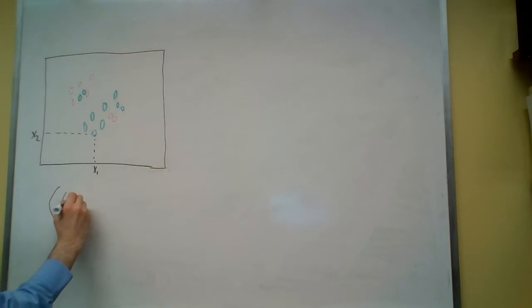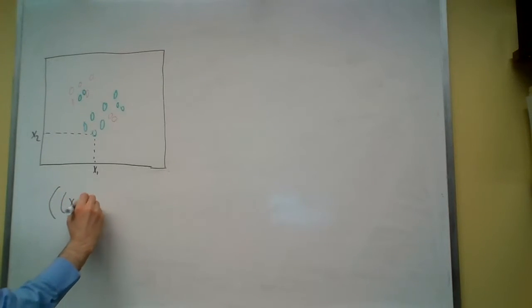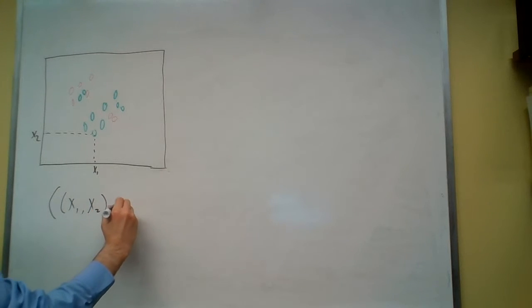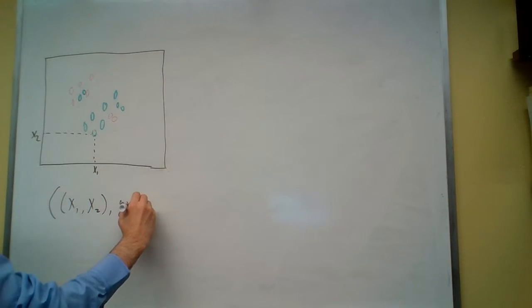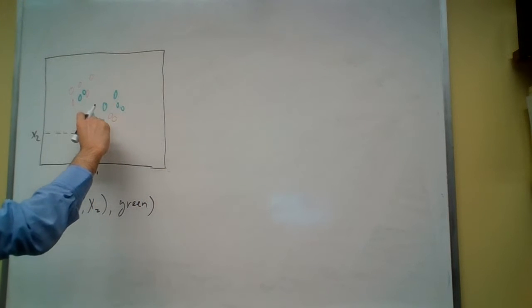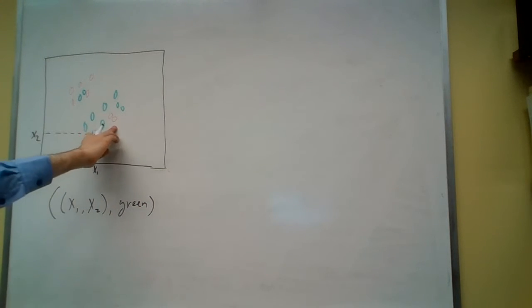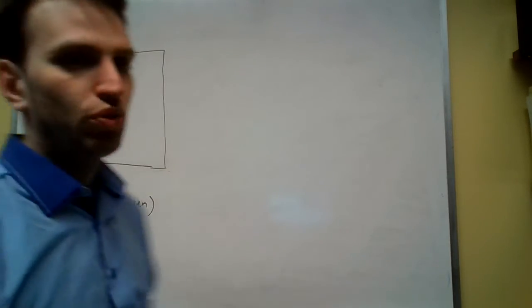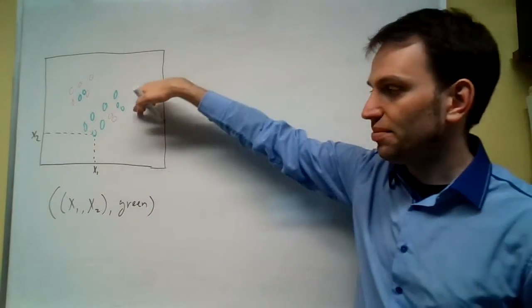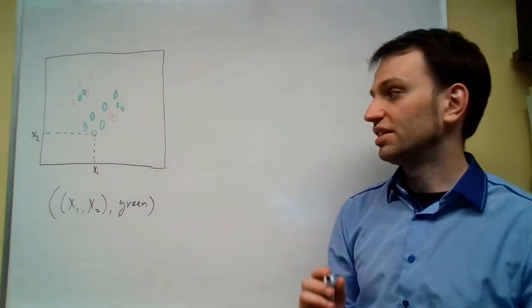So in the training set, it looks like x1, x2, and green. This guy is a different x1, different x2, also green. This one is a different x1, different x2, and pink. So that's the training set.